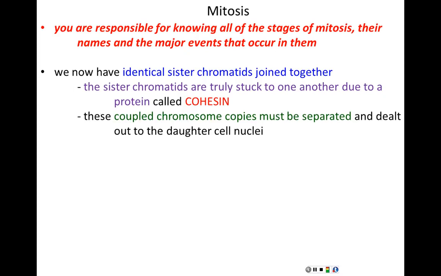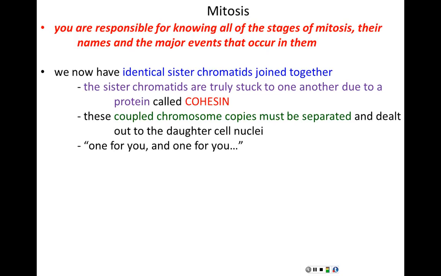If we have any hope at all of dealing these identical chromosomes out to either side of the mother cell, to the two new daughter cells, we need to somehow get rid of this cohesin and separate these sister chromatids into individual independent chromosomes. That's what we need to do in mitosis. And then we have to play this game of literally dealing out those identical copies.